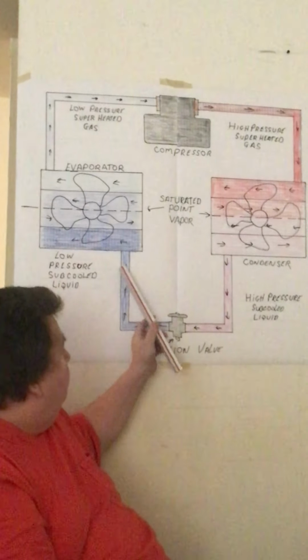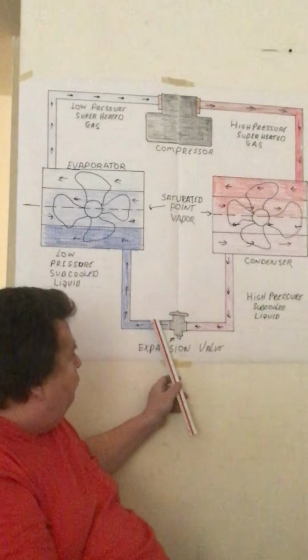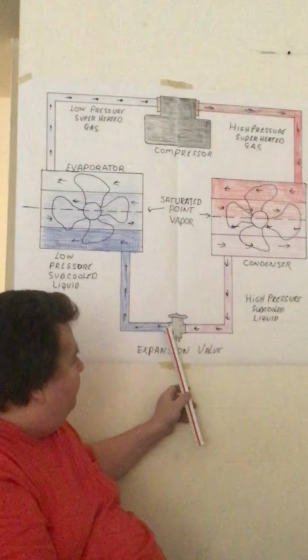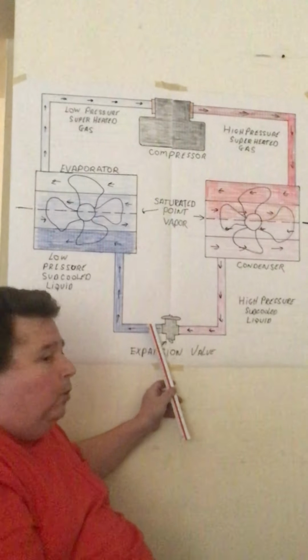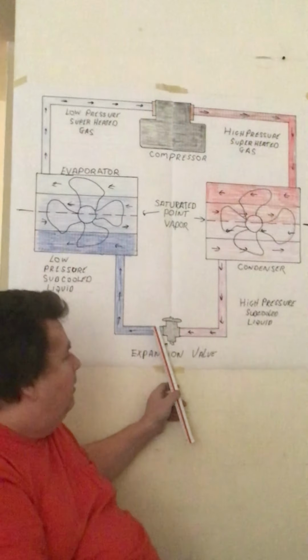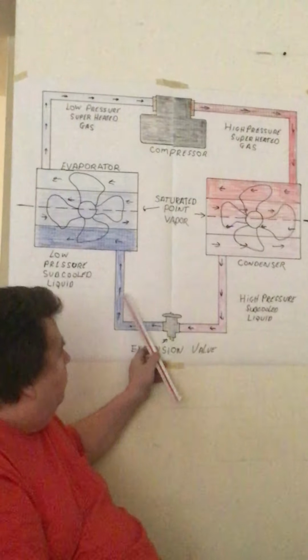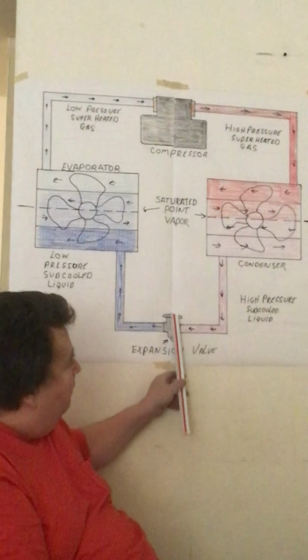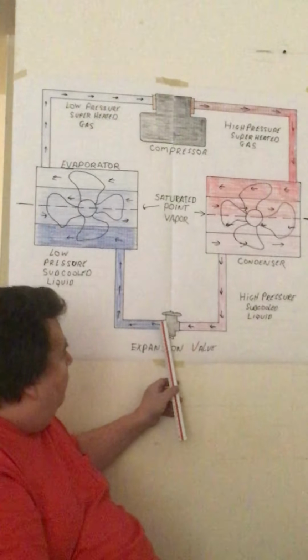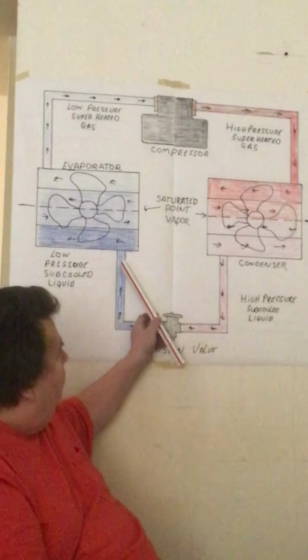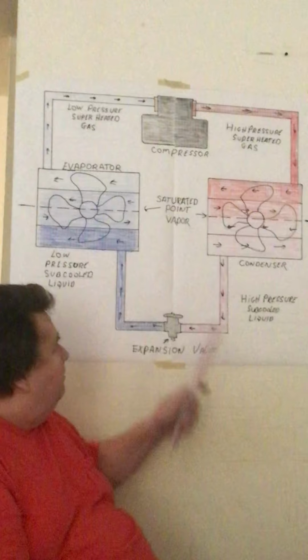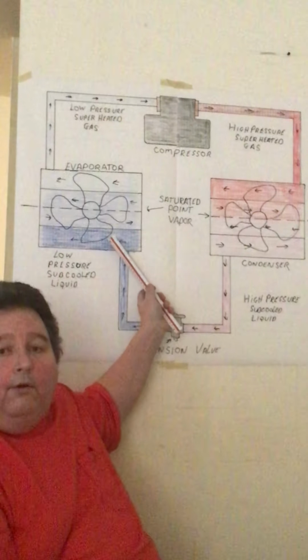So you have low pressure, low temperature, and this is still liquid. This is a blue line here. This is cool to the touch, and it's liquid, because of the restriction in the expansion valve. The line comes in all the way around, and goes into the evaporator.